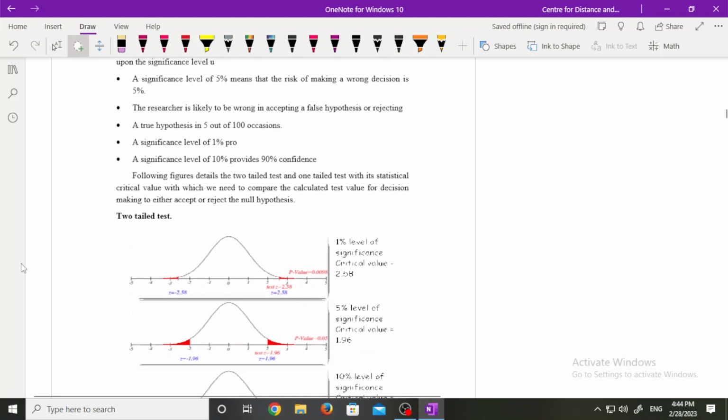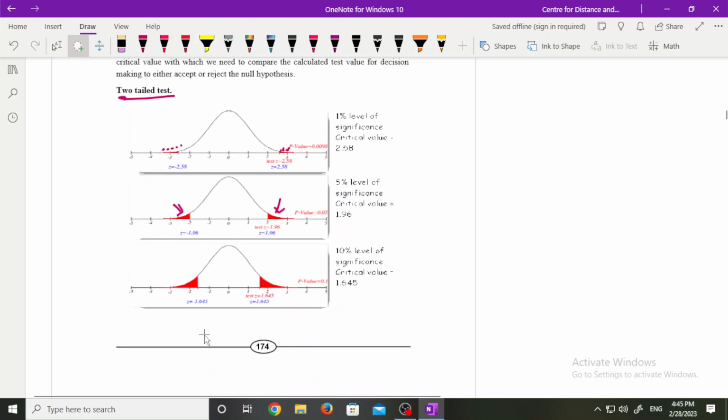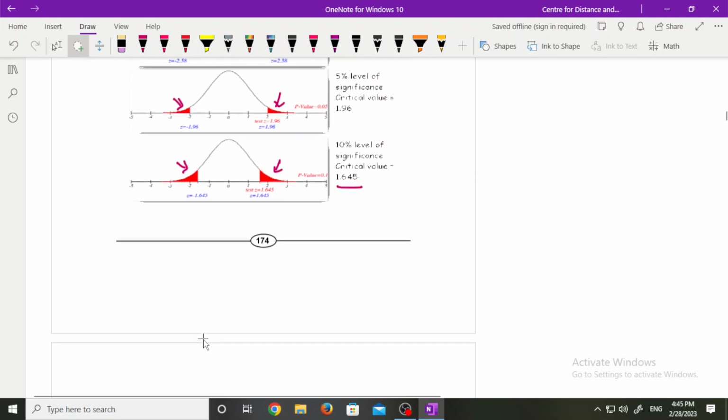Here, for the two tail test, at 1% level of significance the critical value is 2.58. Similarly, for 5% level of significance, the critical value is 1.96, and for 10% level of significance, it is 1.645.